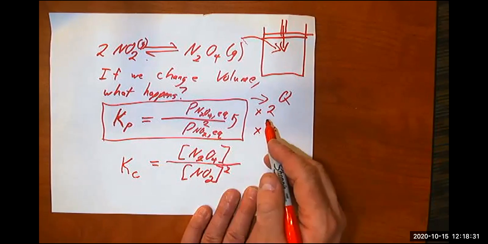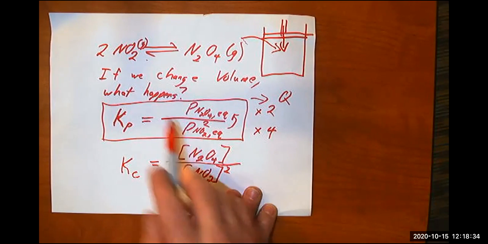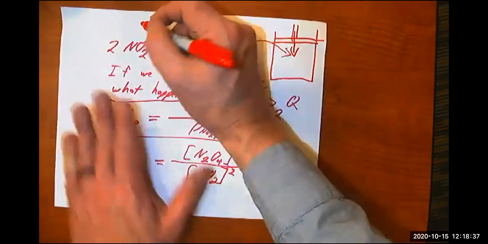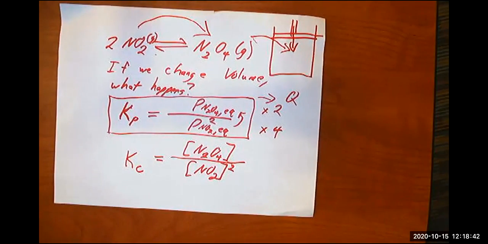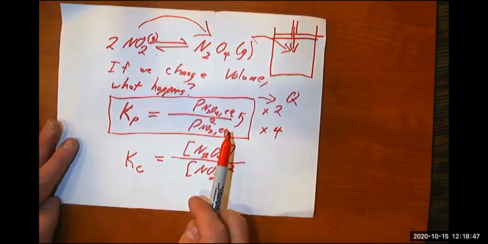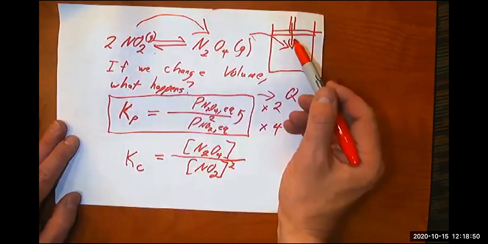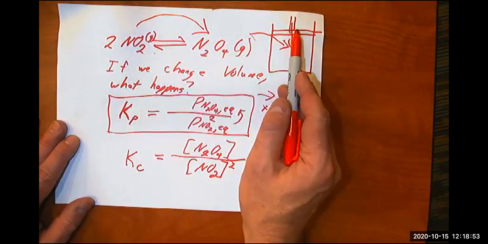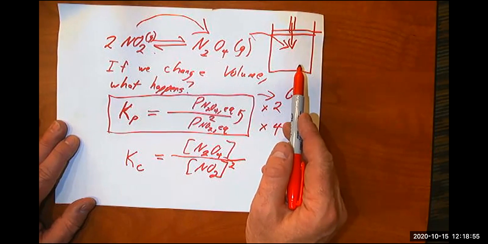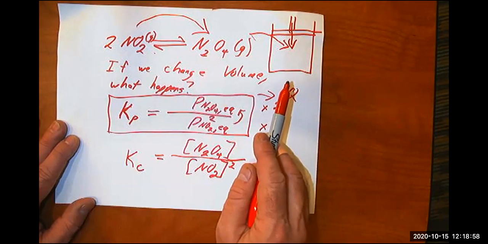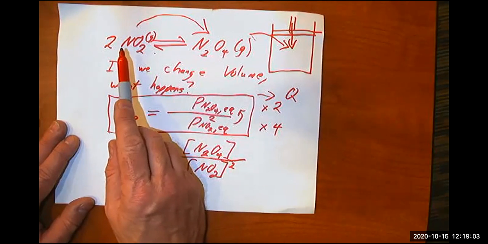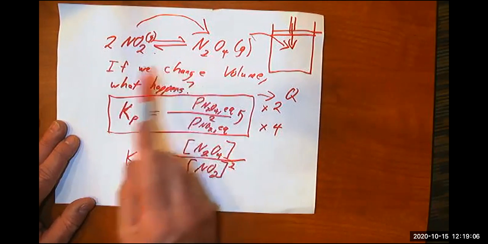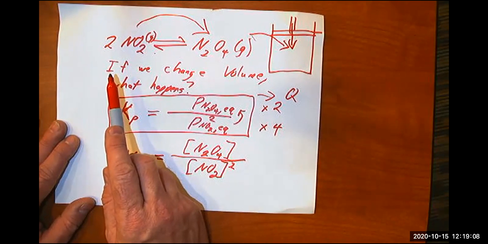Okay. So which is the denominator? The denominator is the reactants. So our equilibrium is going to shift towards products. The idea is that if we increase the pressure uniformly for everything by changing the volume, then we've had a bigger effect on the side of the reaction that has more moles of gas.